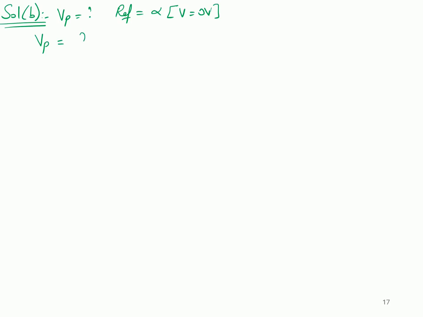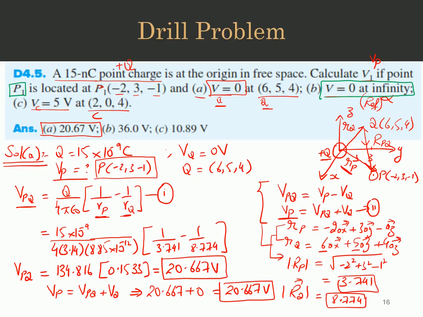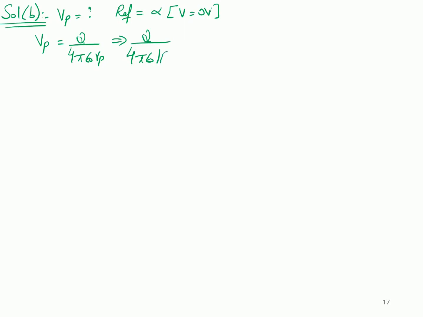So we know that whenever the charge is coming from infinity, the potential difference turns into an absolute potential. So Vp is equal to Q divided by 4 pi epsilon into R of P, which means that the equation will be Q divided by 4 pi epsilon. What is R of P? This is the distance vector which we just found, and the absolute value is such. So it is going to be R of P absolute. So we incorporate everything into the equation.